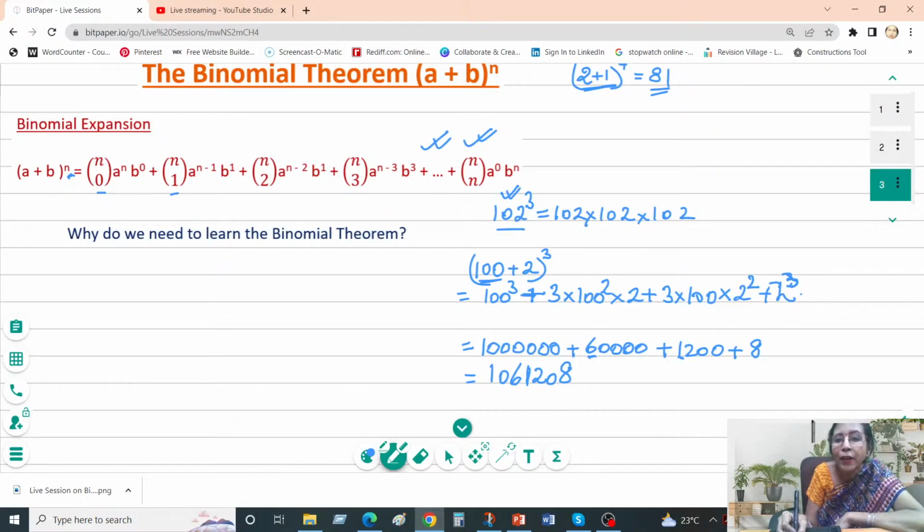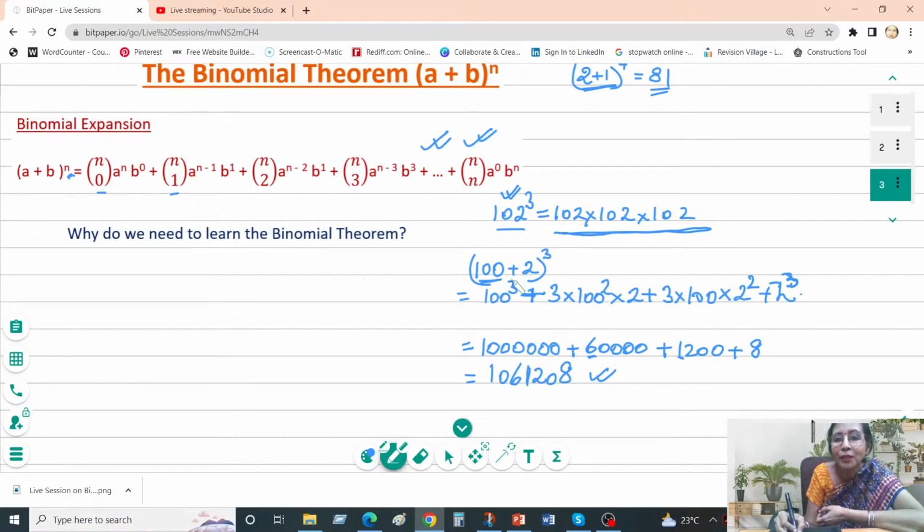You may verify by multiplying them, or you may use a calculator to verify this answer. You will be seeing that you get the value as 1061208. Okay, so if it is a paper 1 question, and if they ask you this type of a question, it will be obviously a subpart of a question, just to check whether you get to the correct answer using the binomial theorem.